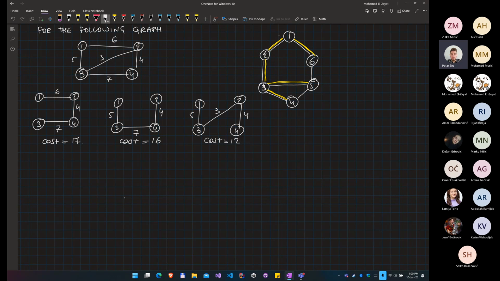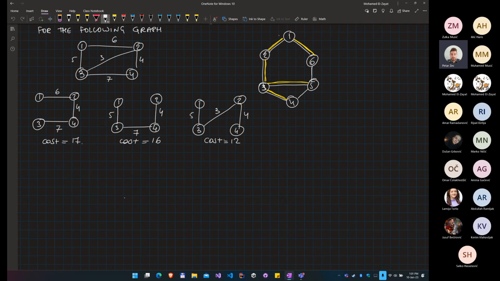You could actually find all the spanning trees, calculate the cost, then get the smallest cost, and then you get the minimum spanning tree, right? And this is one solution to the problem. However, this is what we call a brute force solution, right? You try everything and then you pick one, which is not very smart.